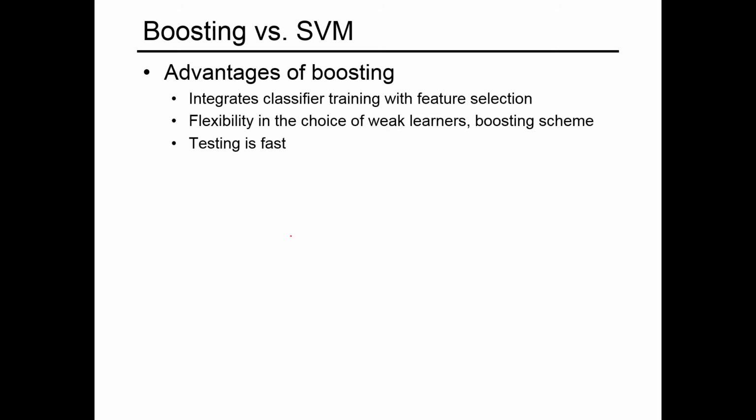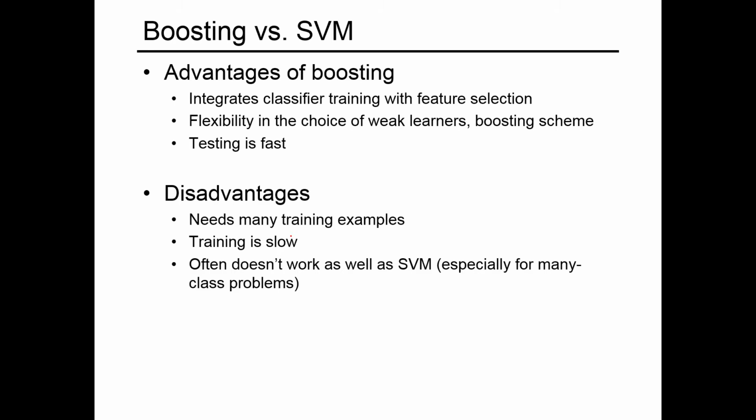This is just a summary of the advantages of boosting and SVM. Both are very popular machine learning techniques, still very useful alongside deep learning. For boosting, some of the advantages are similar to deep learning, in the sense that you can incorporate feature selection into the training algorithm.